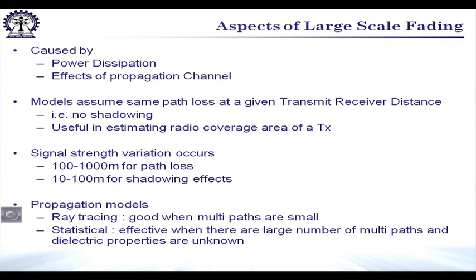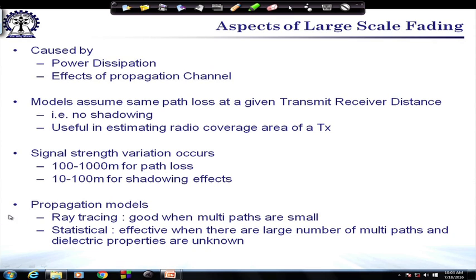Now, large scale propagations are affected by power dissipation. By power dissipation, what we mean is that because of radiation, when there is a transmitter, signals are radiated all across. At the receiver, as we go to a large distance from the transmitter, the receiver antenna size is fixed.